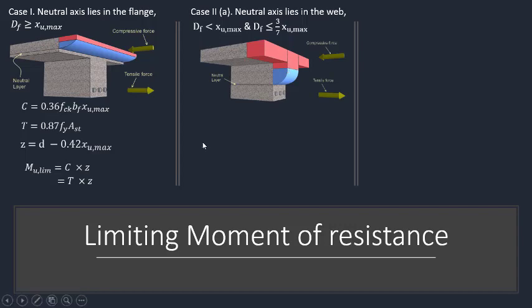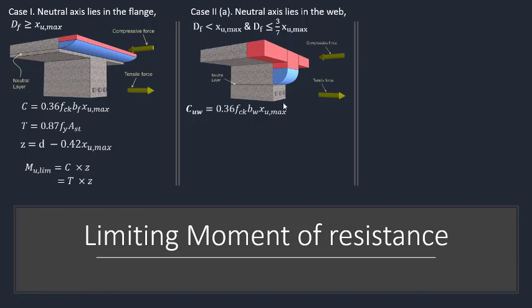In this case, the compression force is split into two parts. One is on the web and another in the overhang flange portion. Compression force in the web is 0.36 times fck into width of web BW into limiting neutral axis depth XU max. This force has a lever arm of d minus 0.42 times XU max.